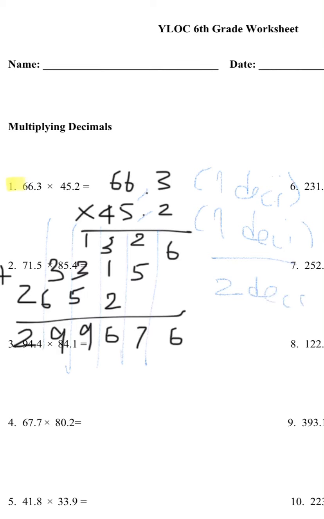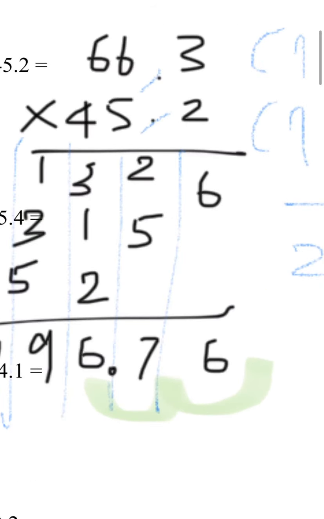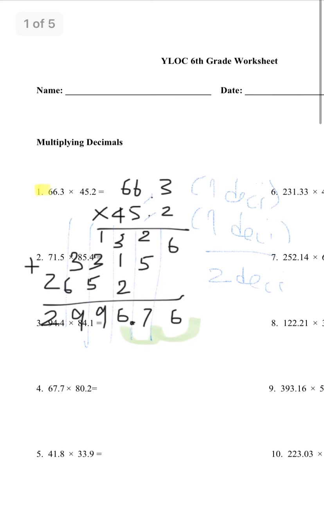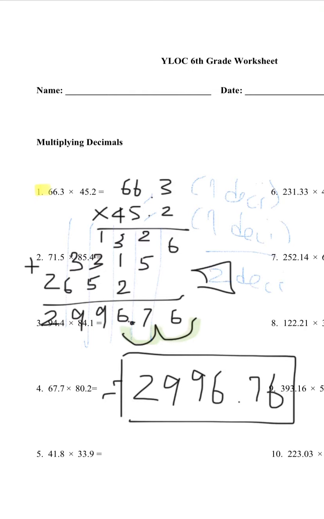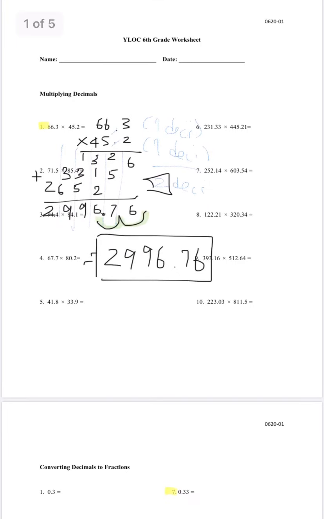So then what we do is just add it there at the end. Since there's 2 decimal points, you move 1, 2, and then you just add a decimal point there. And then there you have your answer. 2,996.76. Okay. Hopefully that wasn't too hard.